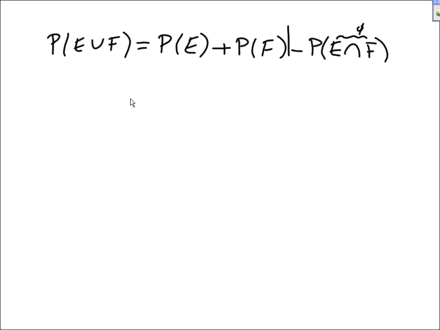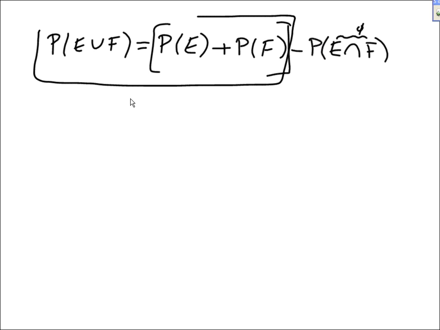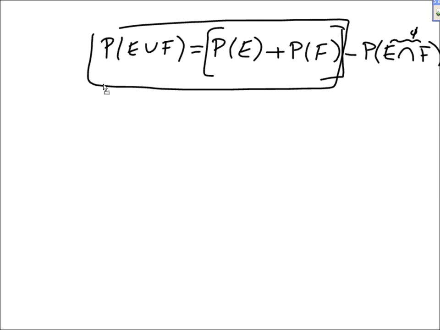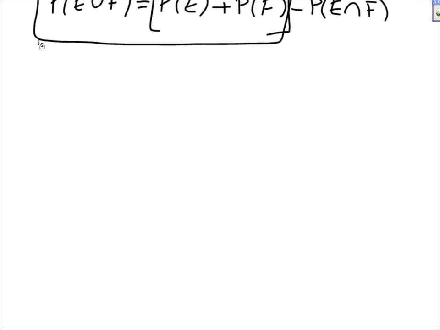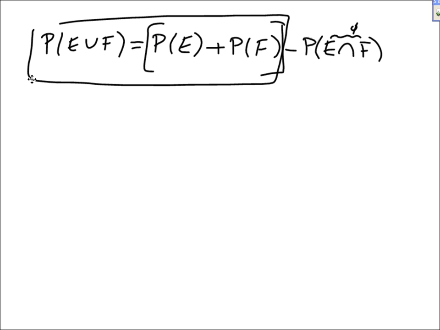And taking away 0 from what I just put a box around doesn't do anything. You just get this. That's what the formula is going to be if the two events are mutually exclusive, which, of course, is absolutely not always the case.